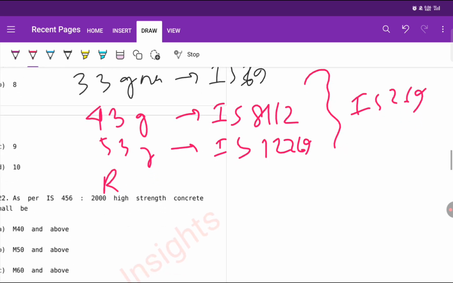Okay, then we have rapid hardening cement, the IS code is 8041.